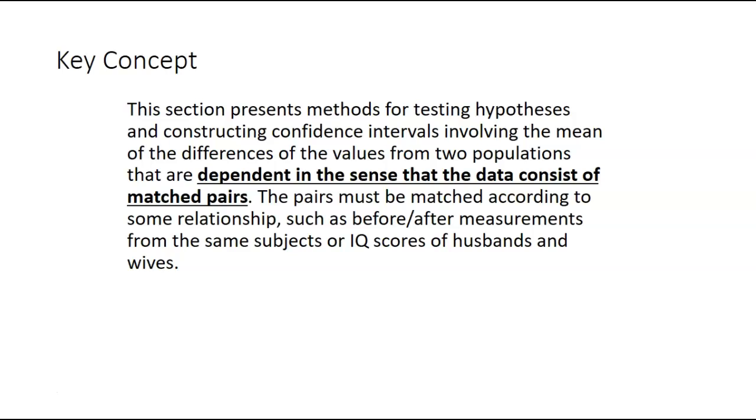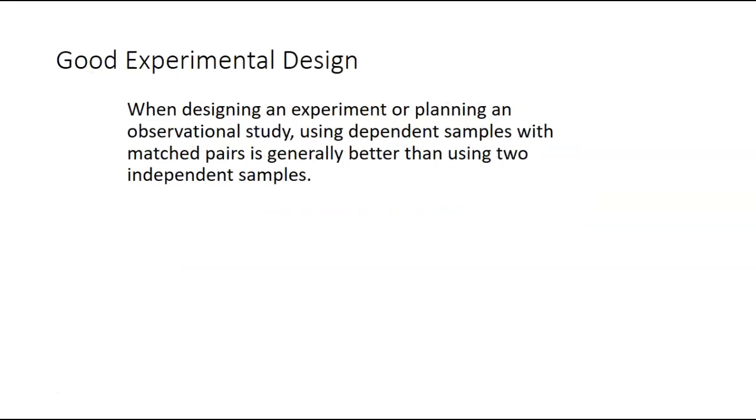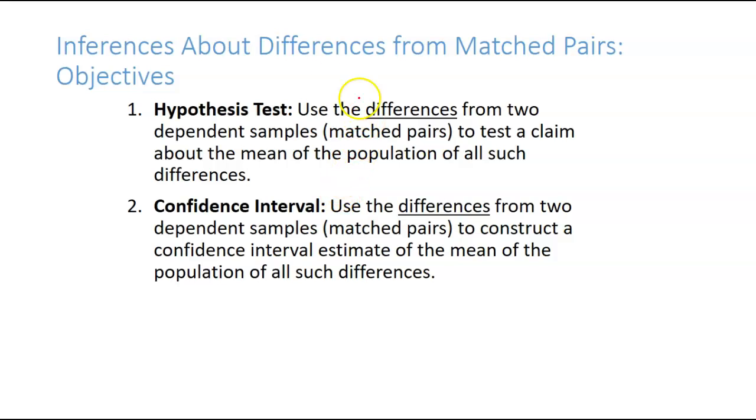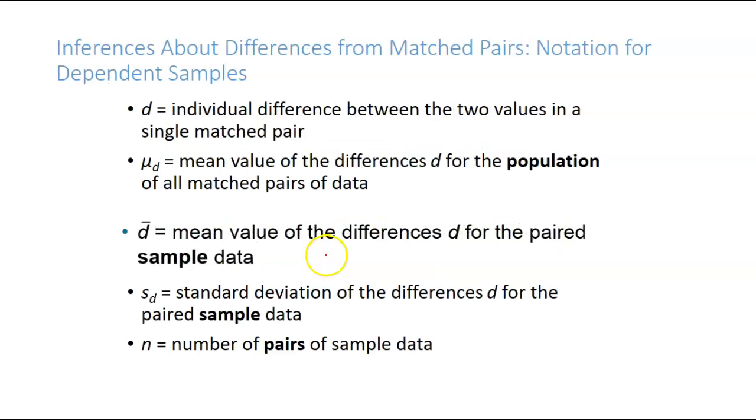So in some way they need to be matched together or paired together in order to use this technique. A lot of times using the dependent samples with matched pairs is generally going to be better than using 2 independent samples. If you can match them, that's a good technique to use. All right, and so we'll look at the hypothesis testing and the confidence intervals for these.